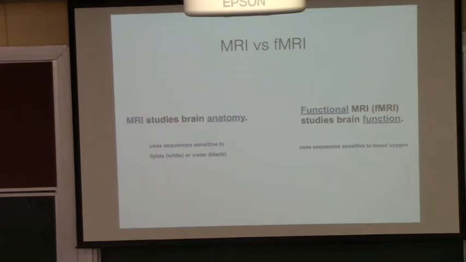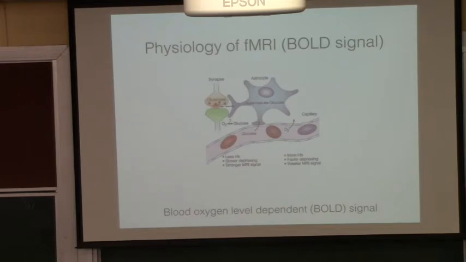So the MRI scanner that you use to take structural images of parts of your body is the same scanner that can be used to do functional images. The only difference is the radio frequency pulses that you're delivering to the people in the scanner.